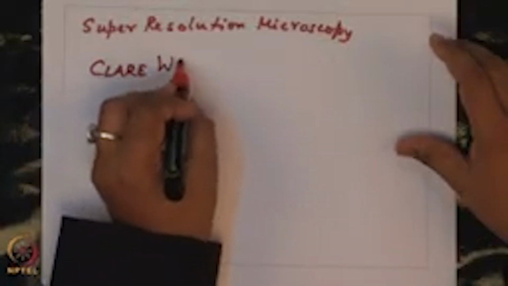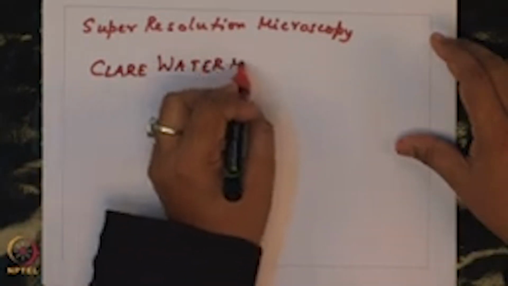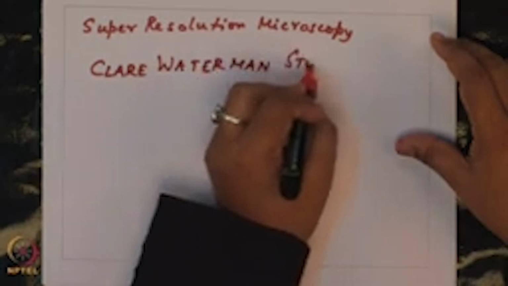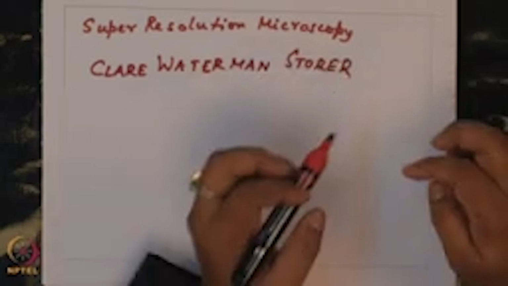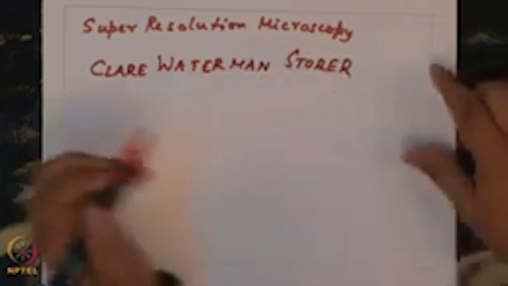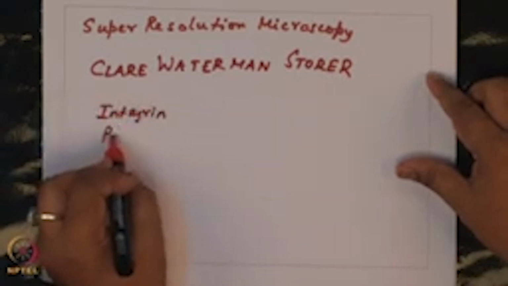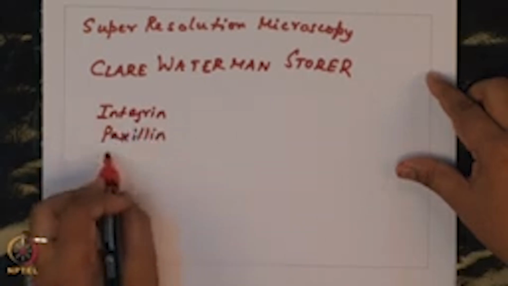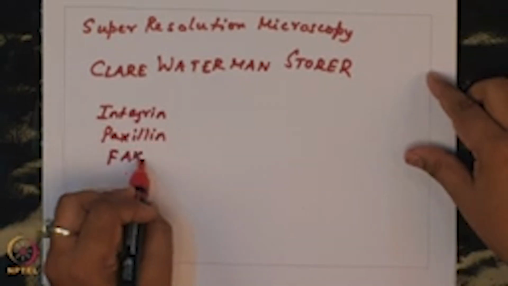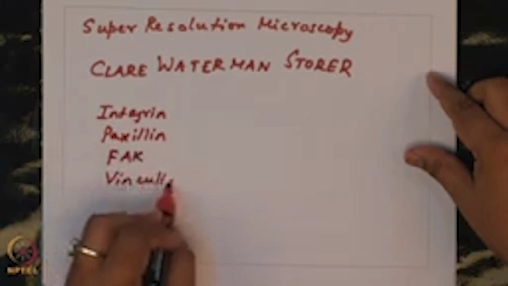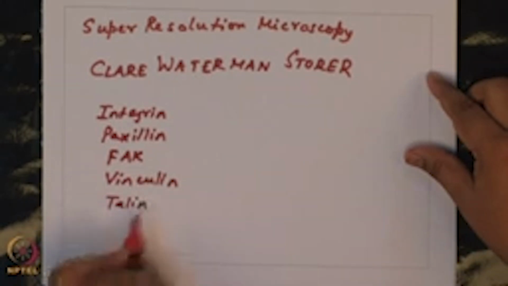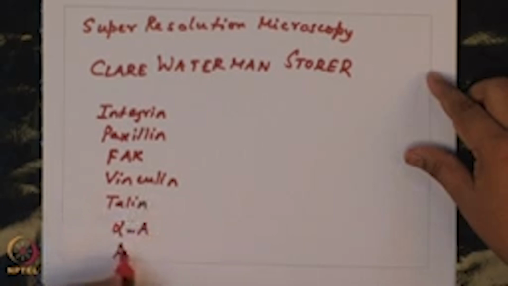Okay. So, using this technique, Claire Waterman Storer took some of the most important focal adhesion proteins: integrin, paxillin, focal adhesion kinase, vinculin, talin, as well as alpha actinin and actin.